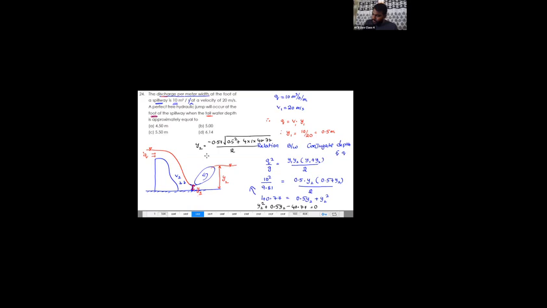If you work this out, the value is 6.14 meters. This is one way of finding y2, using the relation between the conjugate depths and discharge.